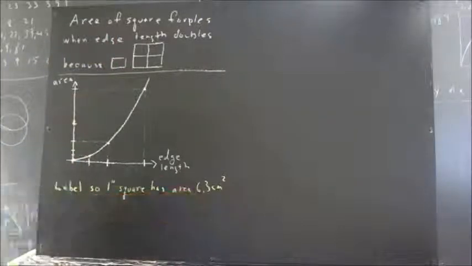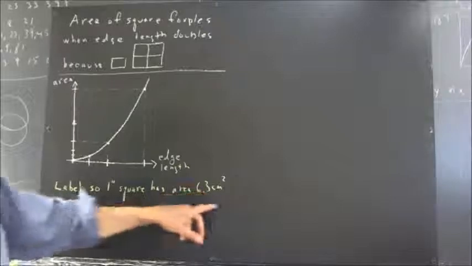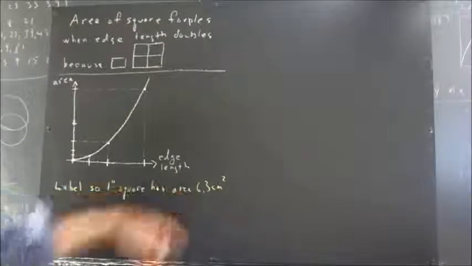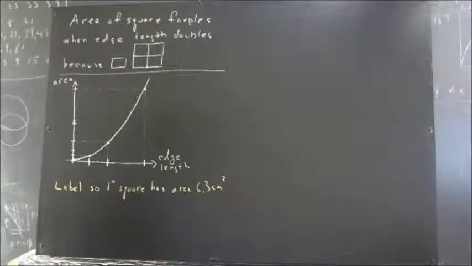Now we want to label a 1-inch square so that it has an area of 6.3 square centimeters. I'll talk about why that should be and how it can easily be calculated in your head if you know a little basic information that you don't want to have to rely on Googling to find.